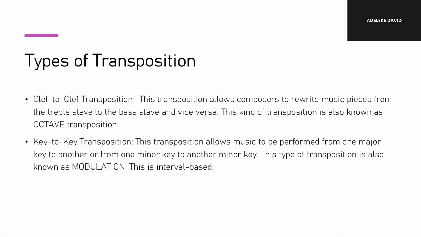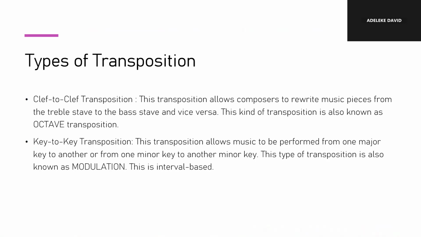Whenever you're writing an octave lower, that is called clef to clef transposition. You can write it from either the bass stave to the treble stave or the treble stave to the bass stave. So you are just writing the same music on another stave without altering the relationships between the notes.